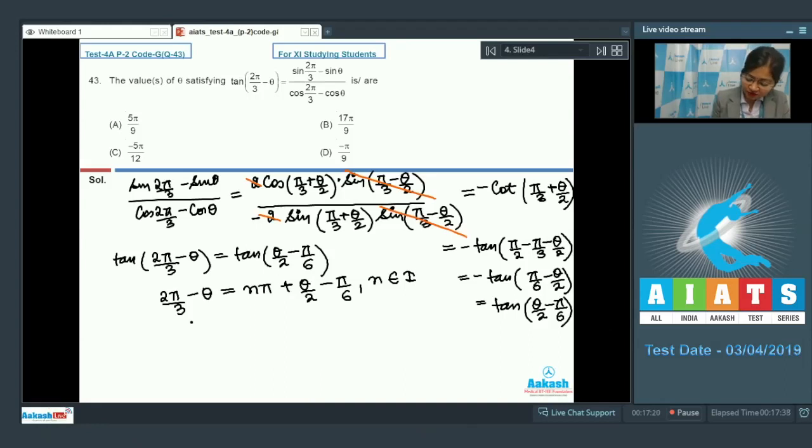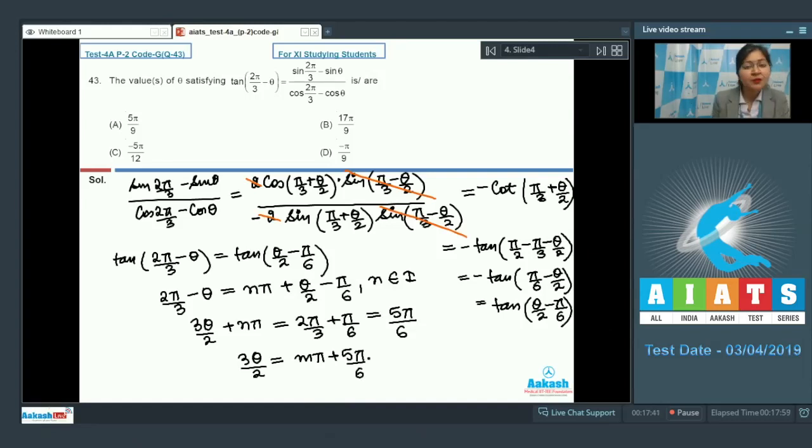Now solving this further, we will get 3 theta by 2 plus n pi is equal to 2 pi by 3 plus pi by 6, that is equal to 5 pi by 6. So we can write 3 theta by 2 equal to m pi plus 5 pi by 6.